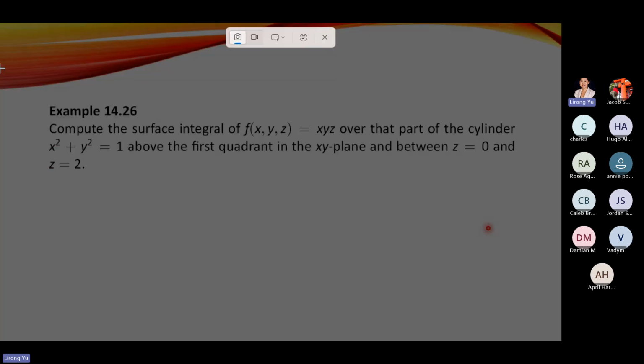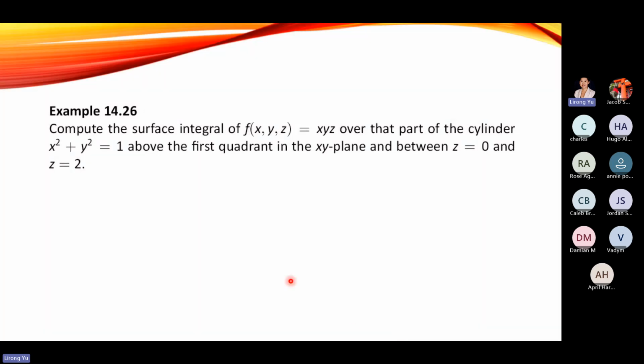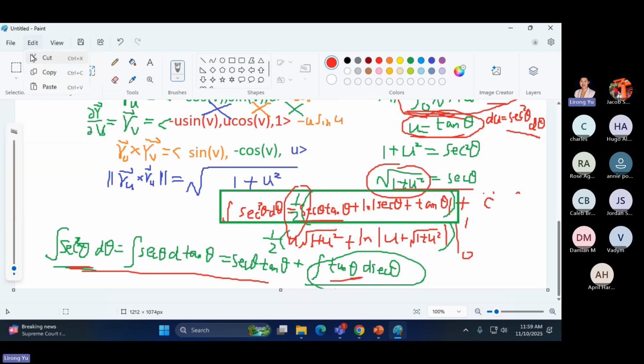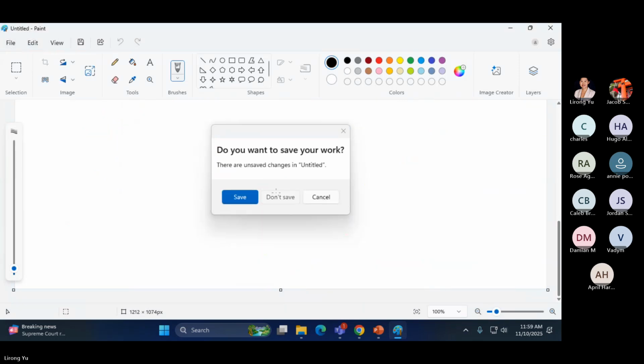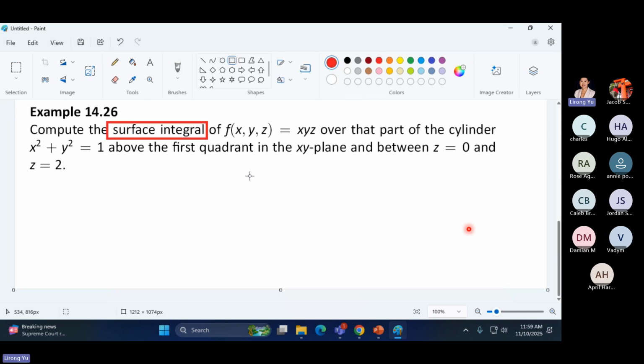If we can't do that, then we probably don't have the right function to integrate. So let's start. Since it is a surface integral, at least we have to have the surface clear. The surface is a cylinder.